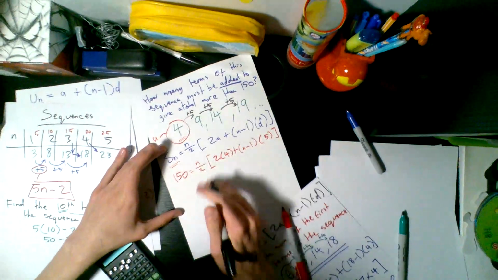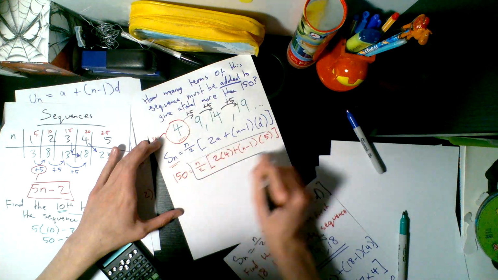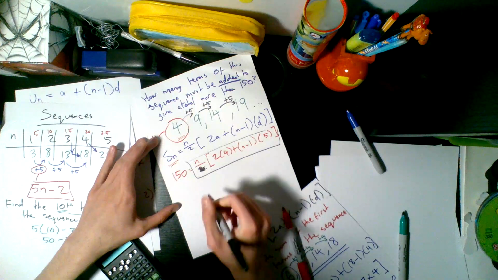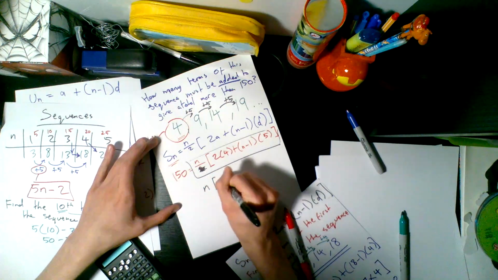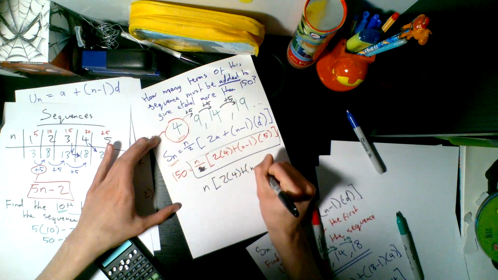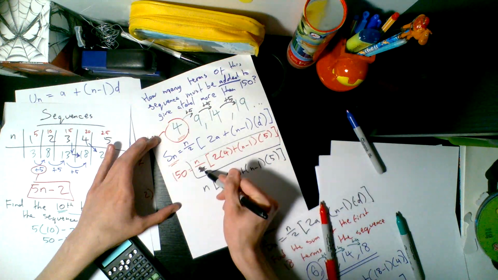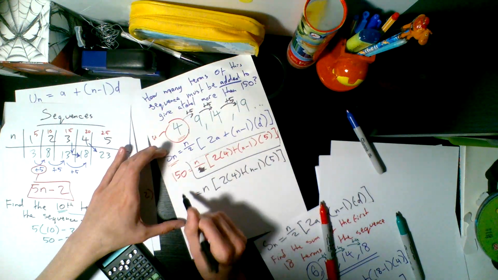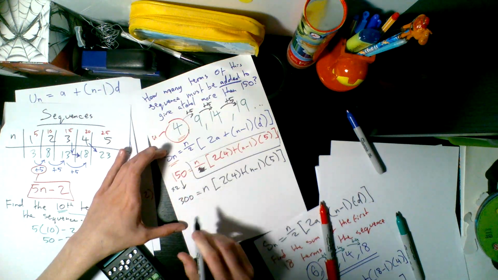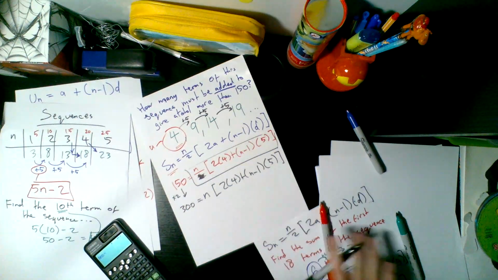If we times this side by 2, we'll just cancel the divided by 2 here, so it's going to become n times 2 times 4 plus n minus 1 times 5. And then we also multiply this by 2, so it's going to become 300. 300 equals n times 2 times 4 plus n minus 1 times 5.